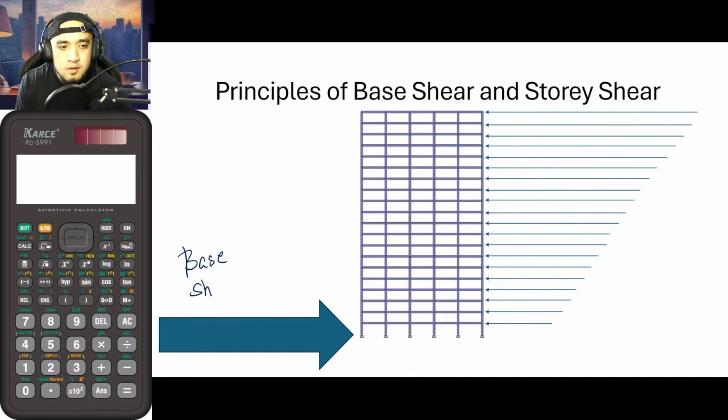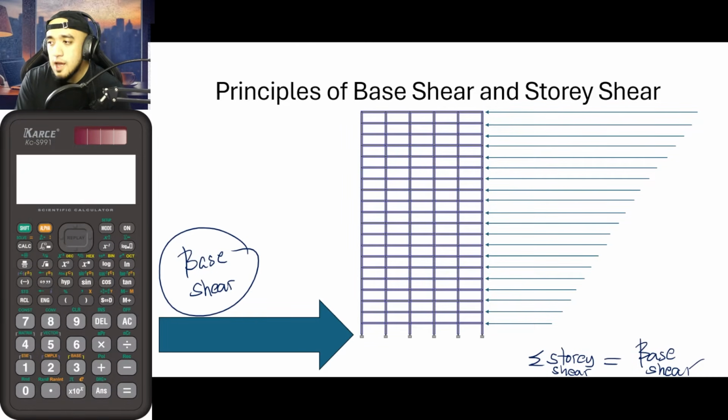So with that analogy, we could now say that the summation of story shears is basically equal to the base shear, since the base shear is basically the support reaction.